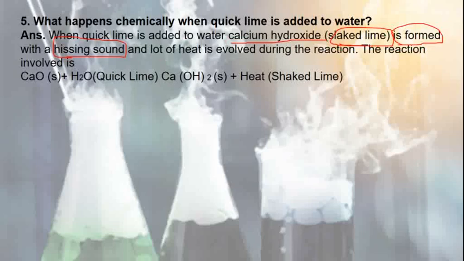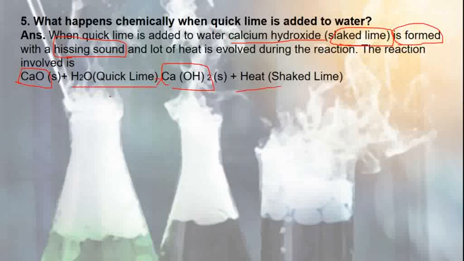The reaction involved is CaO, when it is reacted with water, then Ca(OH)2, that is calcium hydroxide, is formed, and along with this an enormous amount of heat is released.